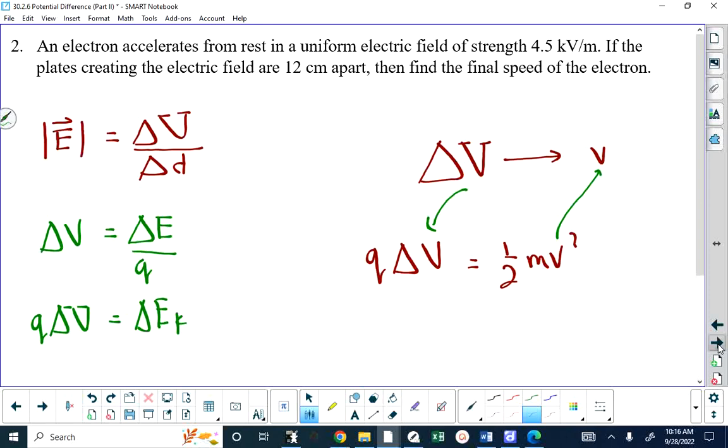Okay, well, let's find the voltage. The electric field strength is 4,500 volts per meter. That equals the voltage over 0.12 meters. I want to say 540 volts.